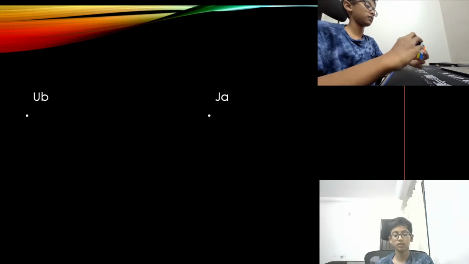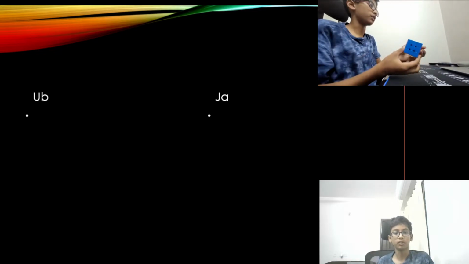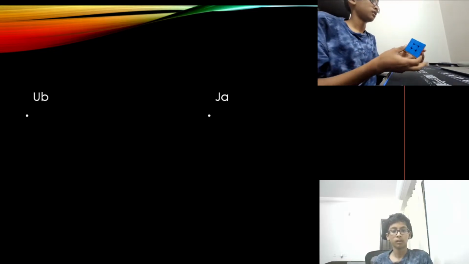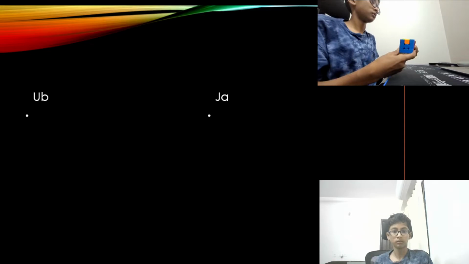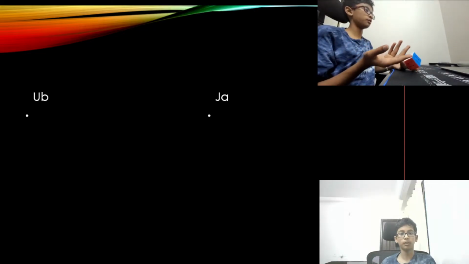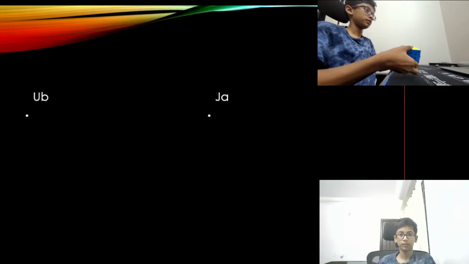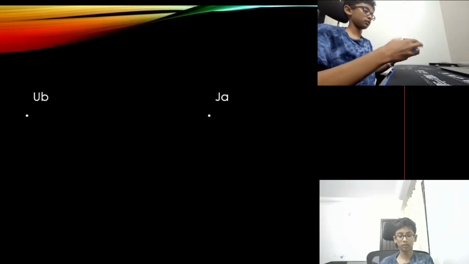Ja, unlike its brother perm Jb, is not very fast. Ub is fast and doesn't require a lot of practice, especially the M move one. You can get very fast at it and very good. But Ja is also fast if you practice a lot.